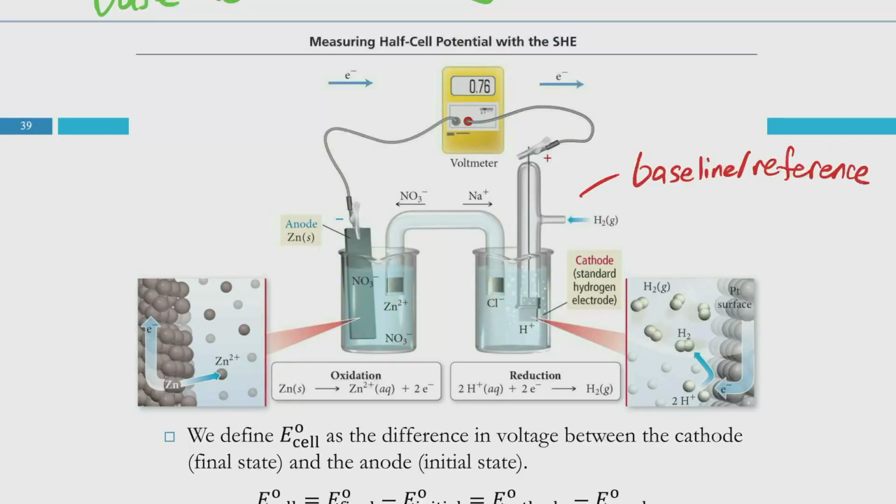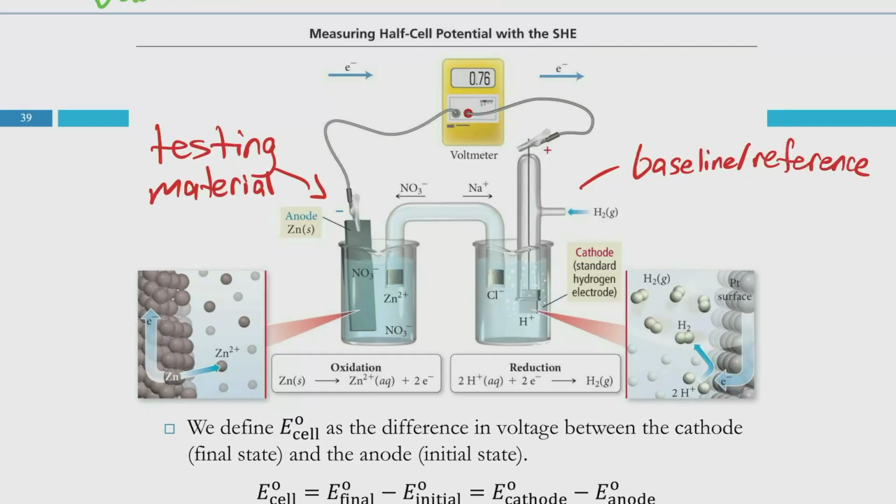I said on the left for the baseline, it's on the right for the baseline. The thing we're testing is on the left. And instead of putting a light bulb in the middle, you would put a voltmeter to measure the difference.